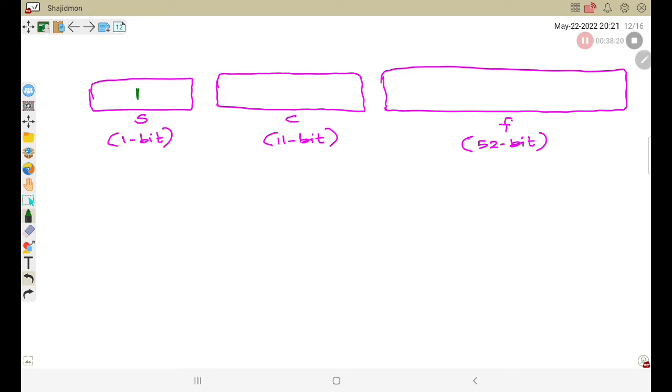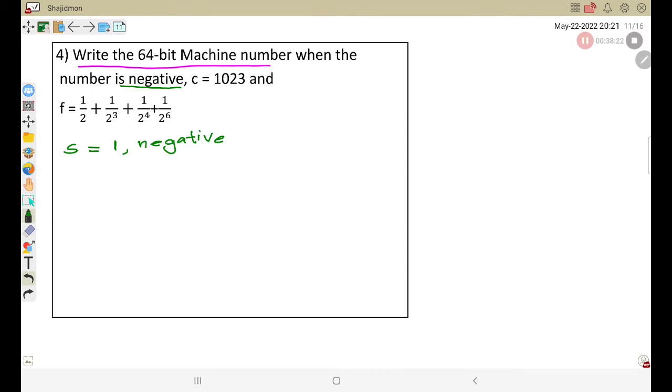Now we will calculate the characteristic part. C equals, the decimal number given, the characteristic part representing decimal is 1023. But it is a decimal number. We need 11-bit binary from this 1023. We need to change this decimal number into a binary number. So how to change that number into 11-bit binary?